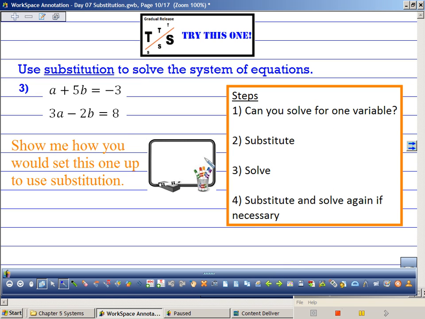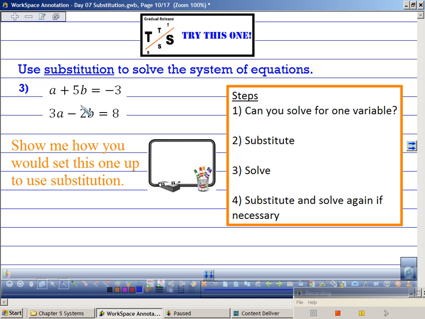I think you guys got this. All right, now use substitution to solve the system of equations. Most of you would look at this and ask, what would you use to solve this? Elimination by multiplication? Okay.